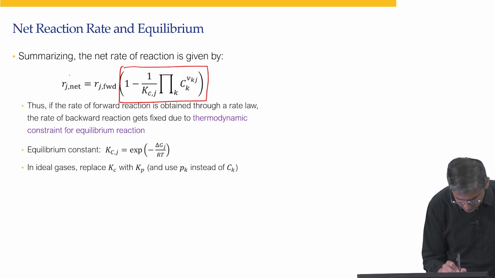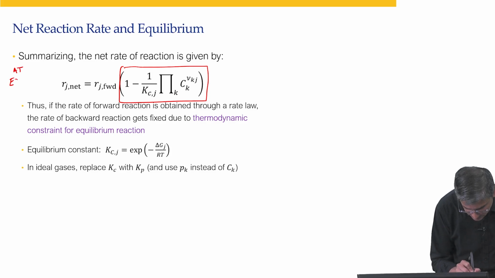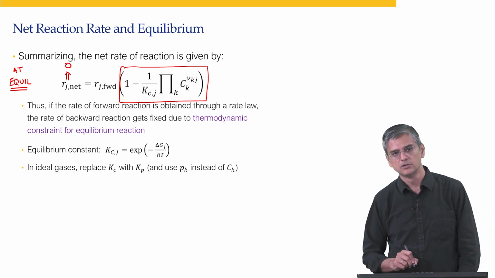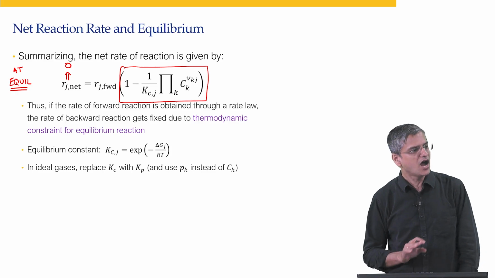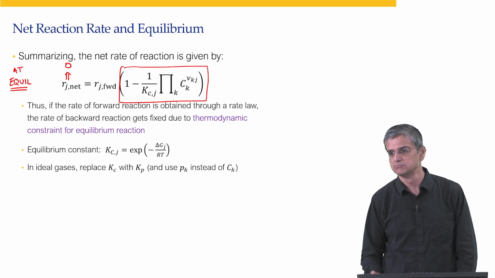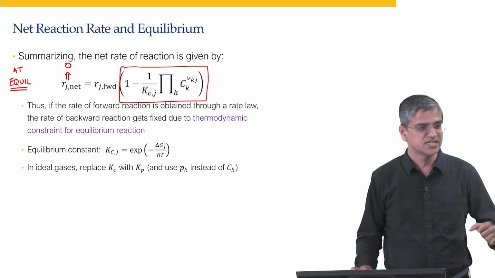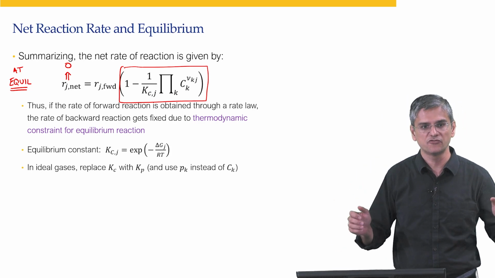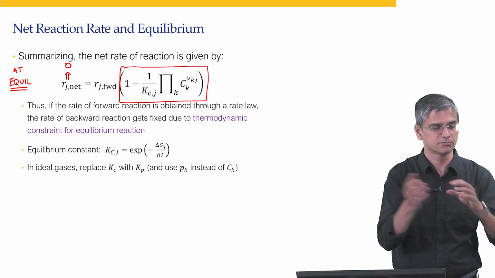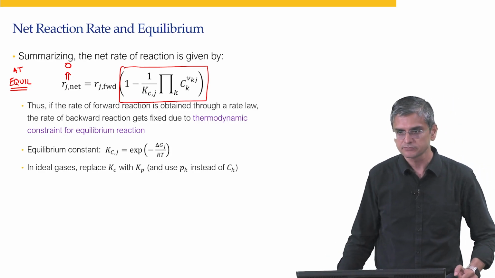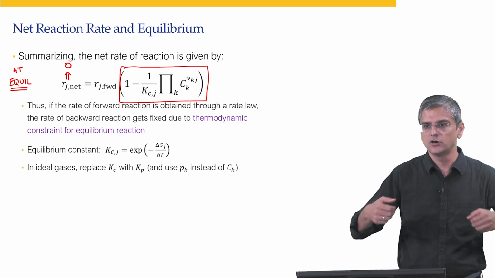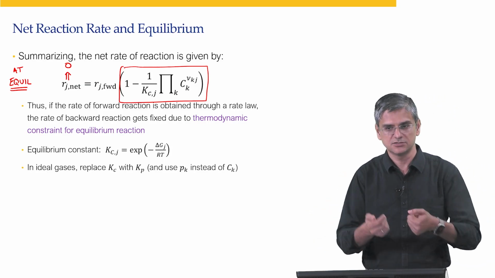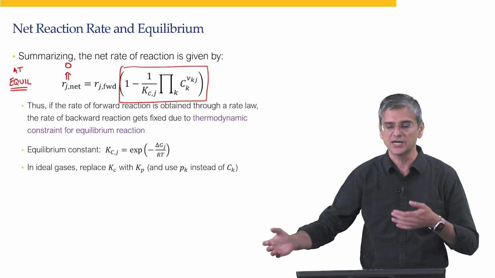So, at equilibrium R net is 0. But at equilibrium your R forward is not 0. What happens at equilibrium? It is not that the reaction has stopped. Think of it like tug of war or arm wrestling. At equilibrium in a tug of war, it is not that the 2 parties have stopped pulling.